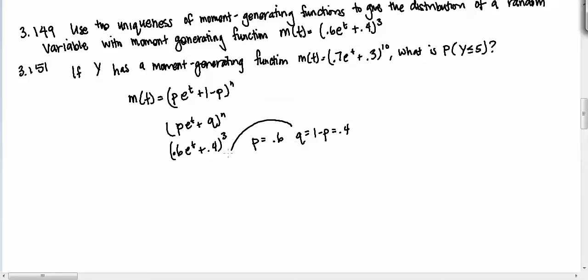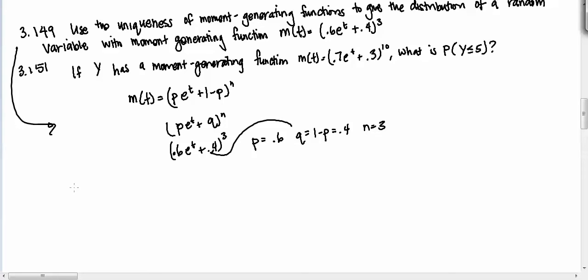That's a good thing because this is 0.4, and n is equal to 3. So I think what they're asking for is a binomial probability with n equal to 3 and p equal to 0.6.